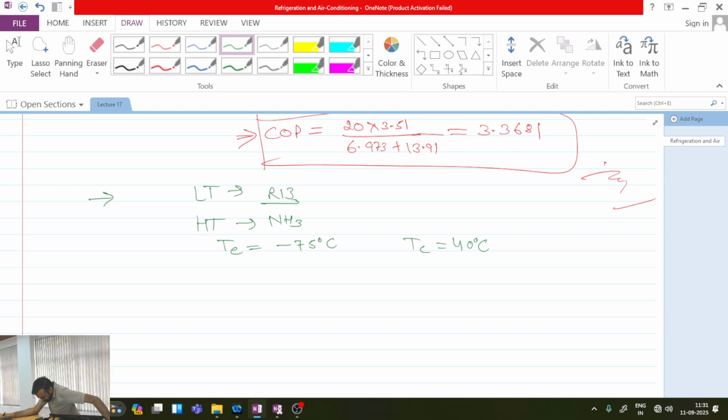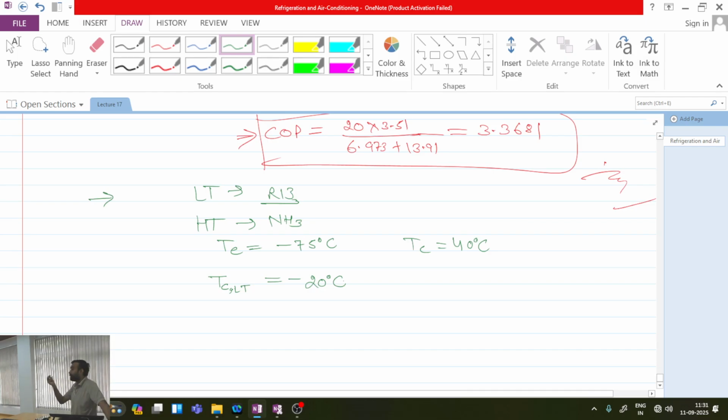In the cascade condenser, R13 condenses at minus 20 degrees Celsius. So it means the condenser temperature of LT is minus 20 degrees Celsius.